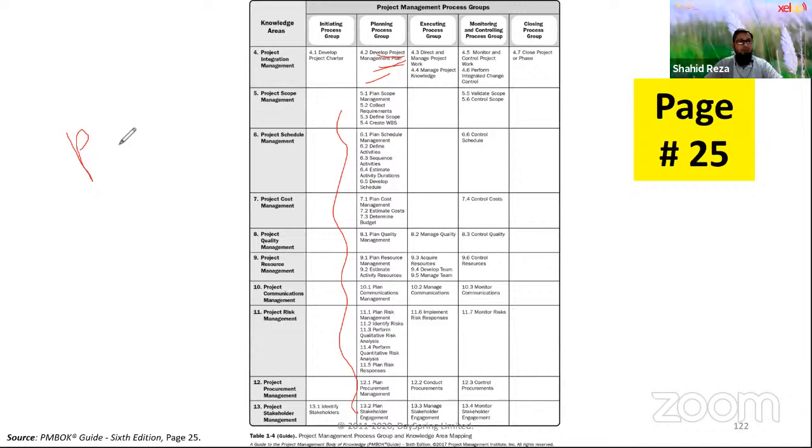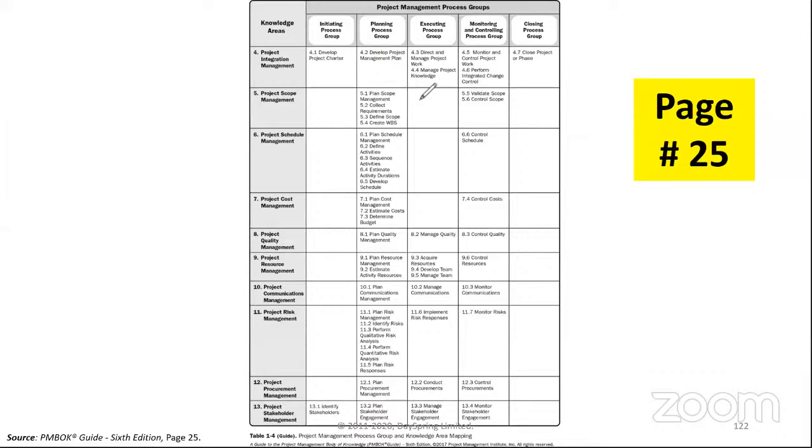So the project management plan is the biggest document of PMBOK. It covers 24 processes. Is there any more subsidiary plan under the project management plan? Yes. Why are these not included in the planning process group?